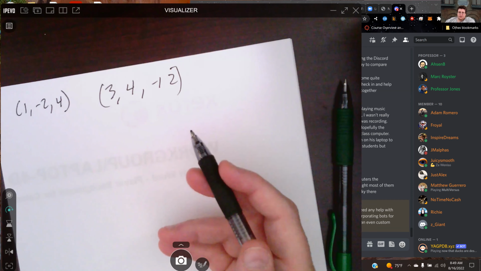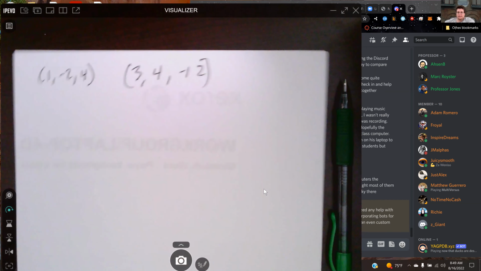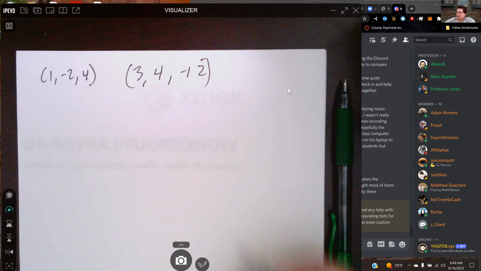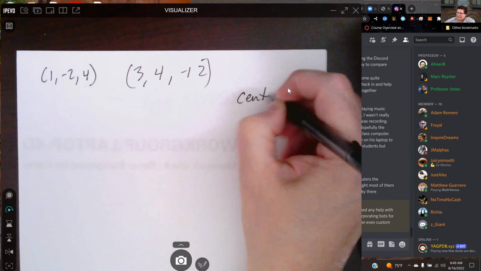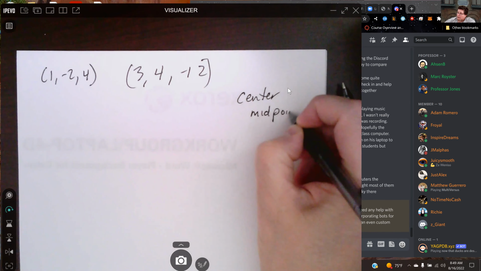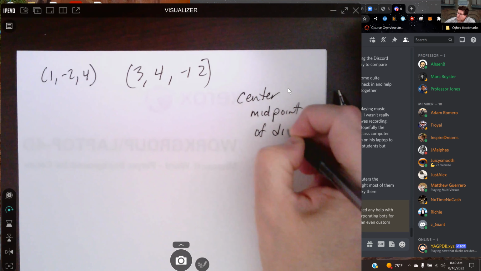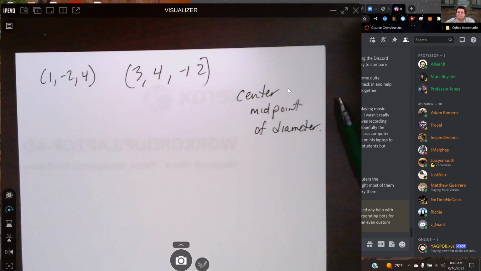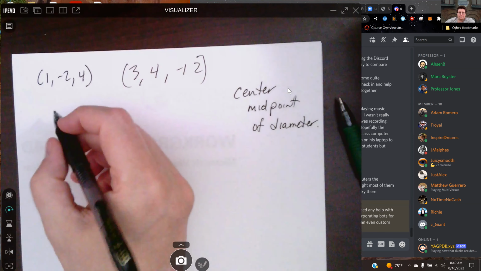So one way we could do this, we've got 2 points here, right? We could find the distance between the 2 points, because the center, if we're passing through the diameter, is the midpoint of the diameter, which would mean half the distance. When you're doing the midpoint rule, it's add up the 2 numbers, divide by 2.